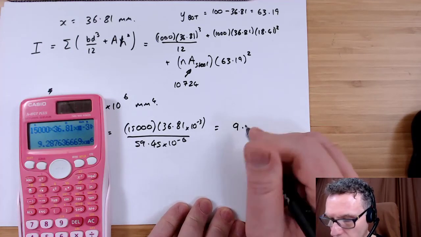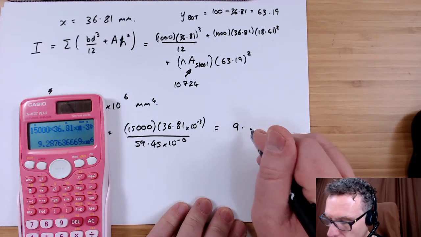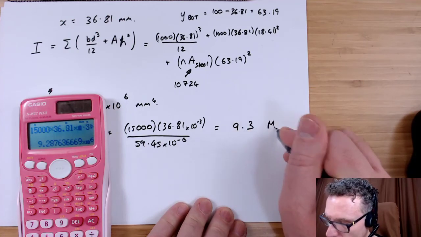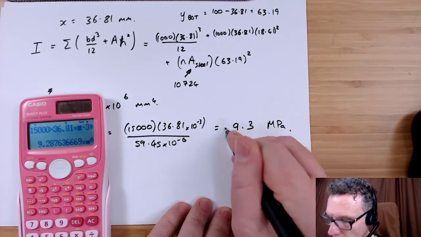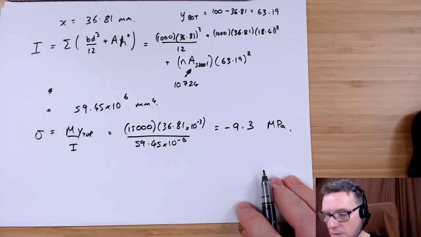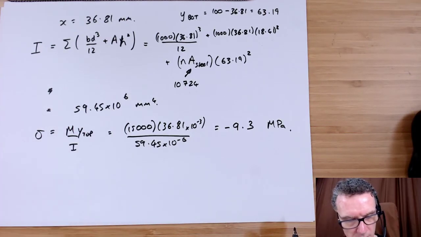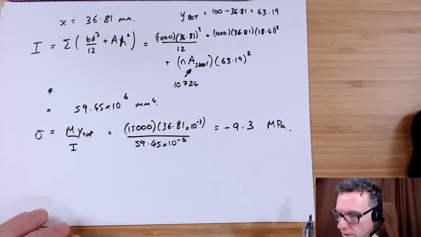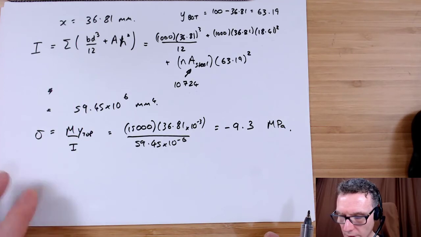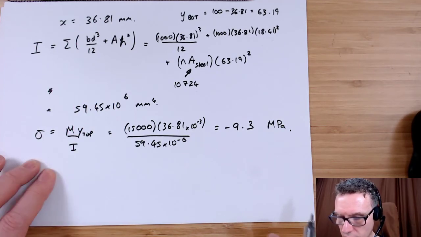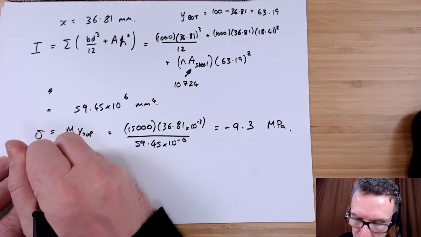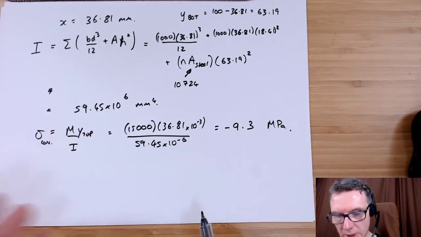Nine point 3 megapascals, and that's in compression. It's not very much actually. I suppose that's okay. Right, now let's work out what the stress is. That's the stress of the concrete at the top.